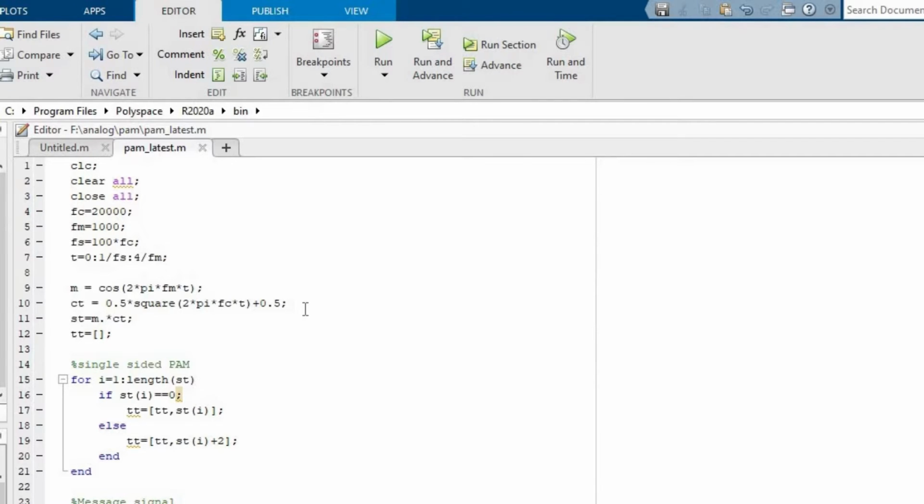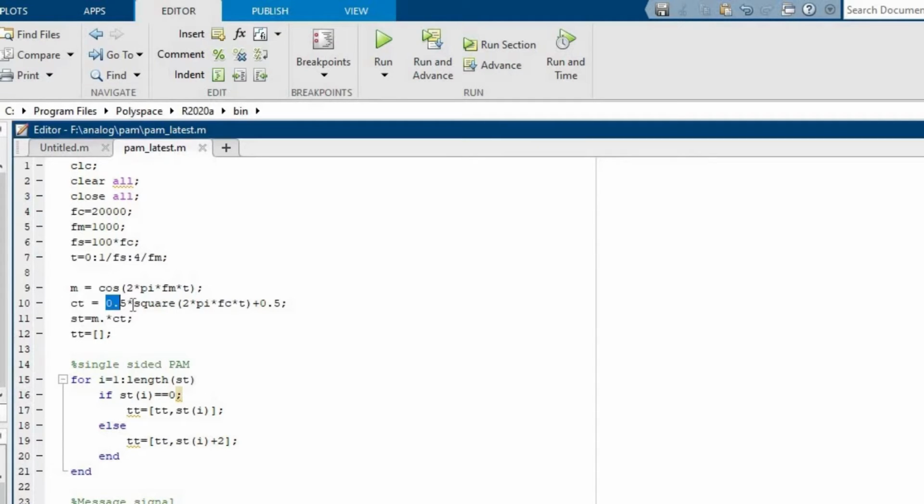So in order to generate DC pulse, first the equation is multiplied with 0.5 volt, which is here, and then which results in the DC pulse peak to peak being negative 0.5 to positive 0.5. It is then added with positive 0.5 here to ensure that the DC pulse generated is only on the positive side of y-axis. So the modulating technique used is basically just multiplying message signal with the square signal.